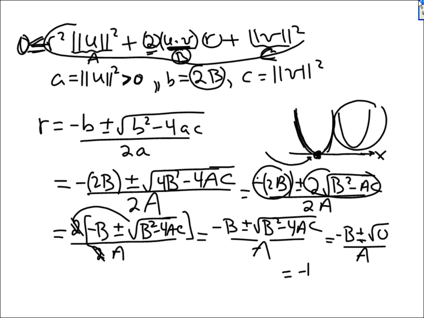And the square root of 0 is 0. So plus or minus 0 over a. If you have negative b and you add 0, you get negative b. If you take away 0, you get negative b over a. That is one solution. Okay?